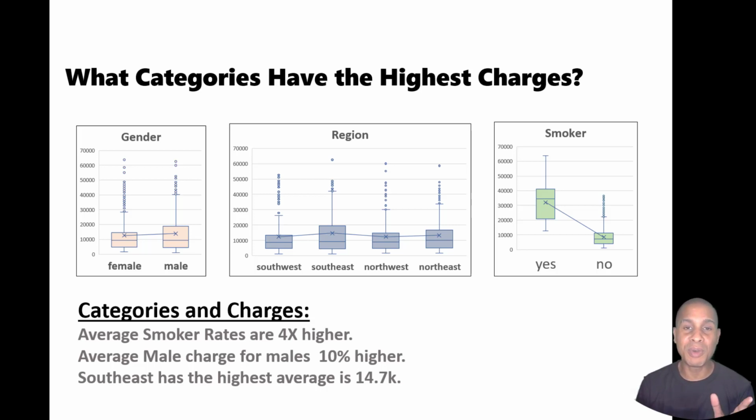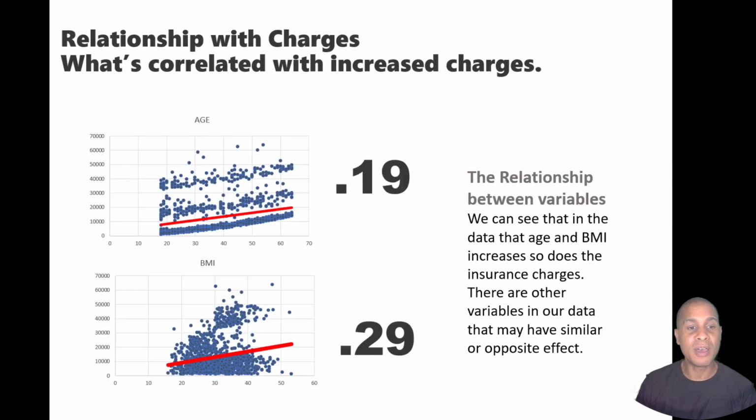So now we want to know what the relationship is between age and BMI, and to understand if those things increase together. For the relationship with charges, we can see some real strong correlations there. We can see that as age increases, so do our rates, and also as BMI increases, we can see rates increase.